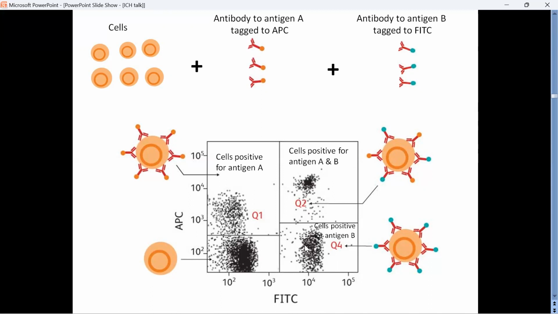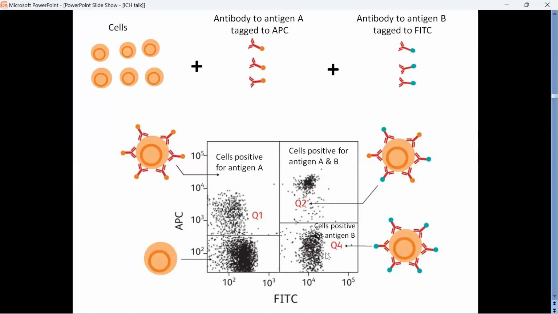Now, the bottom left corner, this particular quadrant, has been labeled. The x-axis has been labeled with FITC, which is your CD8, for example, and the y-axis has been labeled with APC, which is CD4, for example. Cells falling in the lower right quadrant are positive only for the x-axis marker, which is CD8.